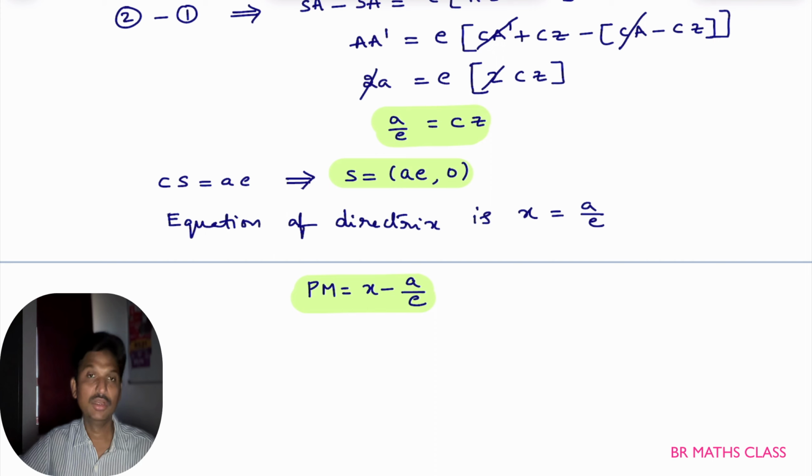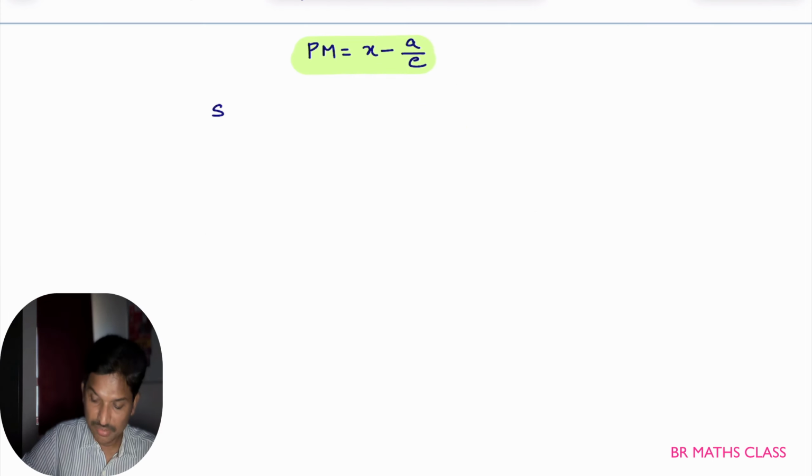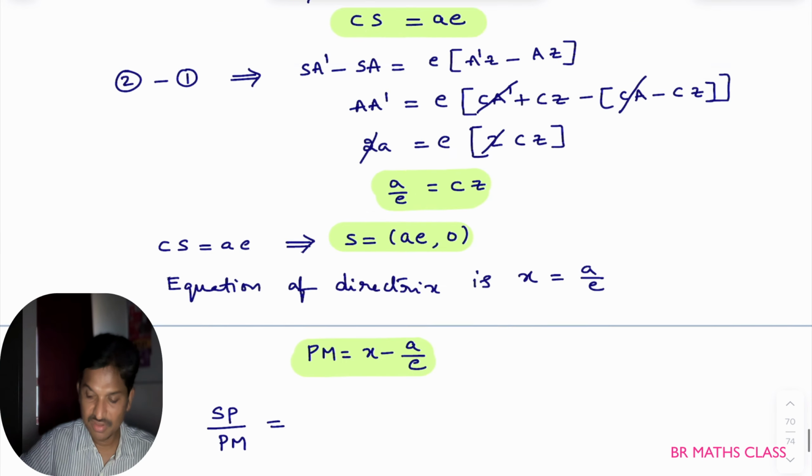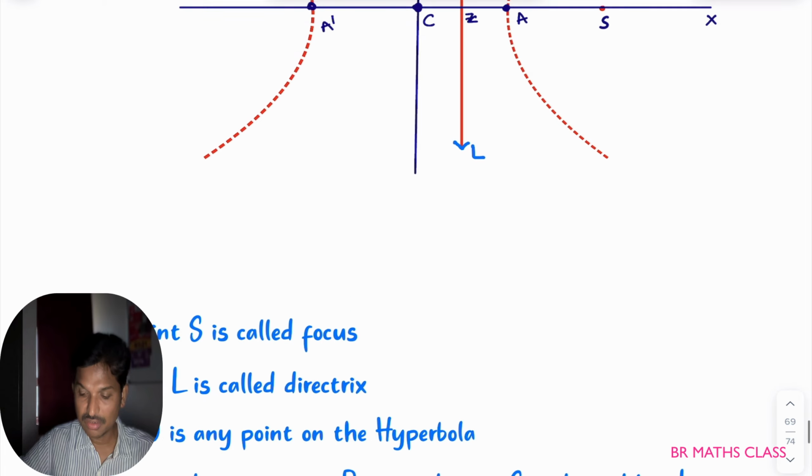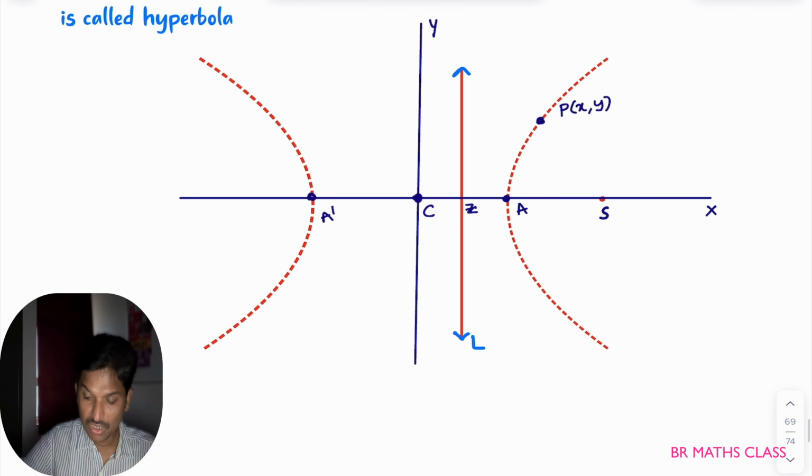Okay, now the third part, the actual derivation, starts here. As per the definition, eccentricity is what? SP by PM. See, here P is a point on the hyperbola. Eccentricity is the ratio of distances from point P to the fixed point and the fixed line.